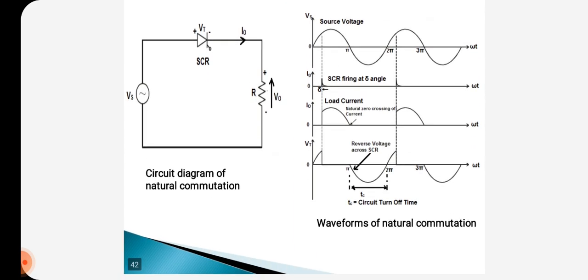This is the circuit diagram of natural commutation, in which there is a voltage source, that is Vs, an SCR and R, that is a resistor, and these are the waveforms of natural commutation. Vs is the source voltage, Ig is the SCR firing angle, Io is the load current and Vt is the reverse voltage.